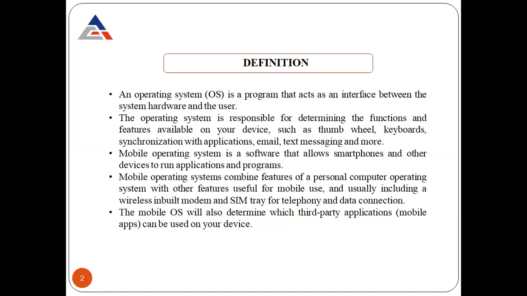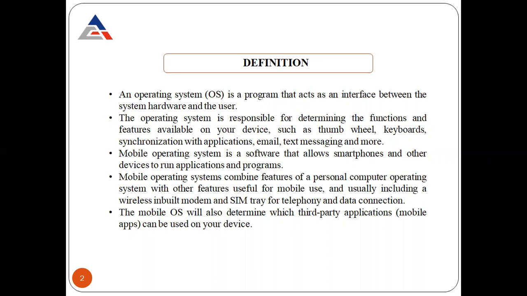A mobile operating system is a software that allows smartphones and other devices to run applications and programs. Mobile operating systems combine features of personal computer operating systems with other features useful for mobile use, and usually include a wireless inbuilt modem and SIM tray for telephony and data connection.